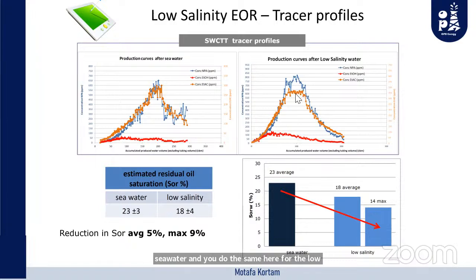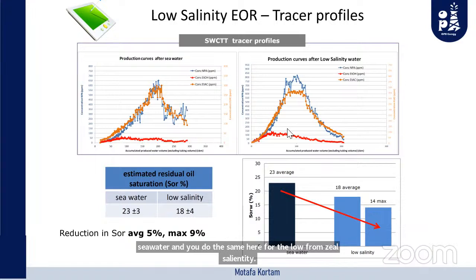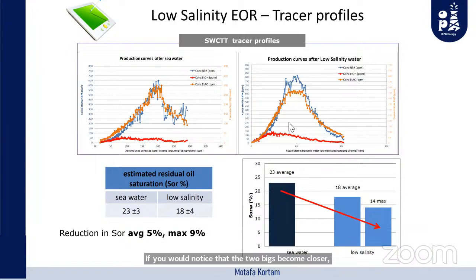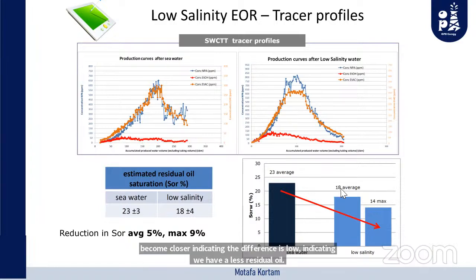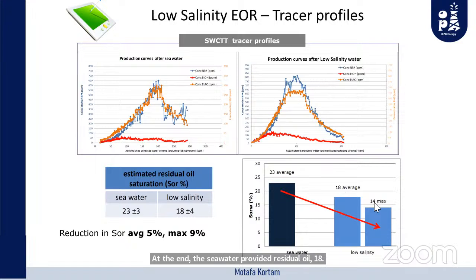If you notice, the two peaks become closer, indicating the difference is low, which means we have less residual oil. At the end, the seawater provided residual oil of 18, and the low salinity provided a residual oil of 14, for this well.